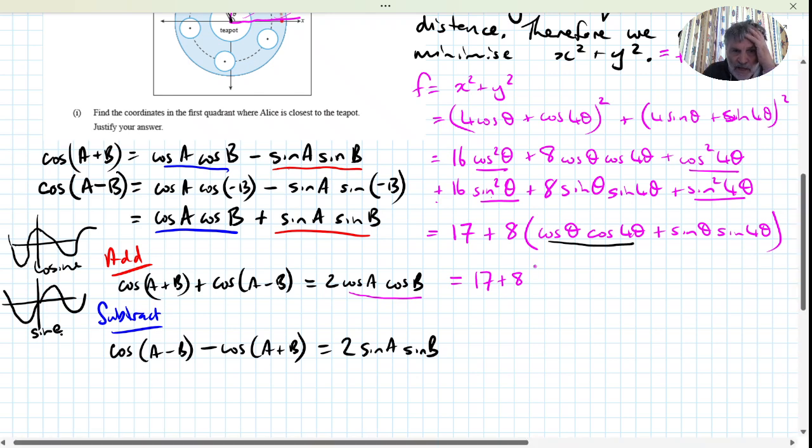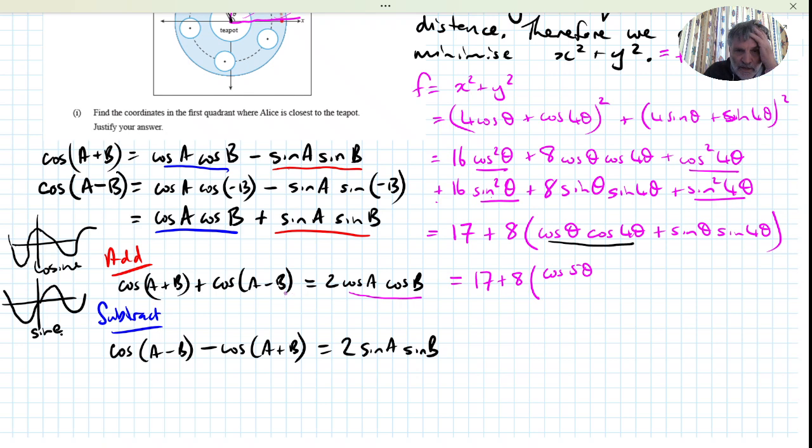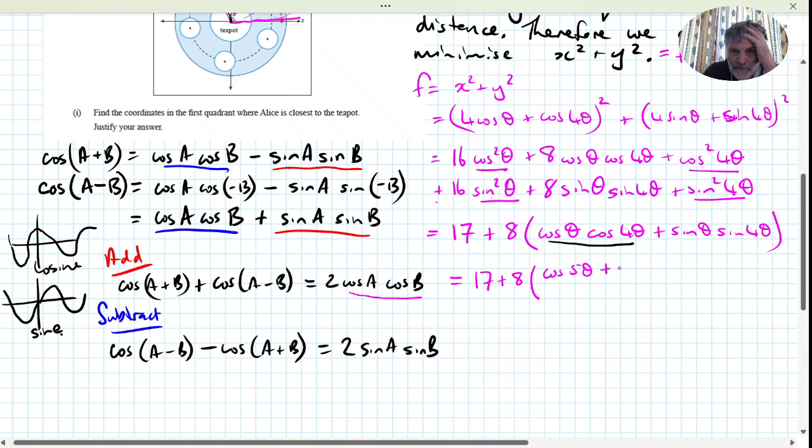So it's the sum of the cosine of the sum, so cosine of 5 theta, and the cosine of the difference of A and B. We can write these in either order, so put the biggest one first will do for us. So plus cosine 3 theta over 2.